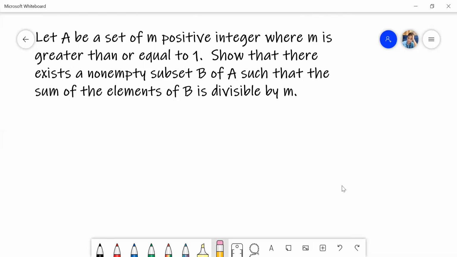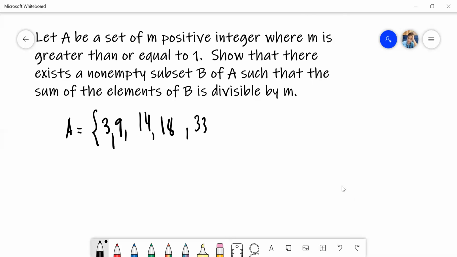Before we answer that, let's consider some illustration first. Let's say I have a set 3, 9, 14, 18, 33. Of course, the cardinality of A, which is m, is equal to 5. Now, our goal is to find the existence of a subset of A, let's call this B, at which the sum of the elements of B is divisible by 5.